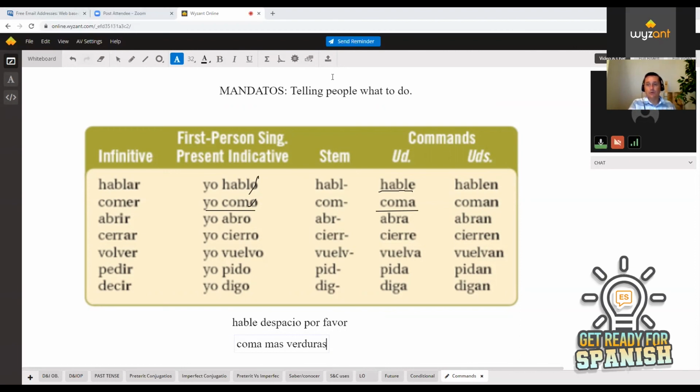But it is important to remember that this goes together with a lot of new vocab. You're going to have to be dealing with memorizing the vocabulary.